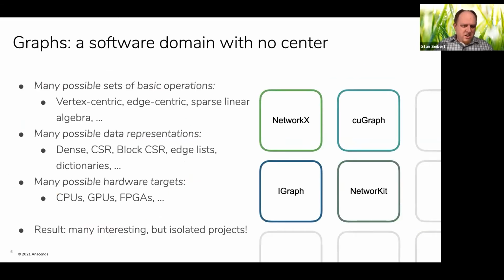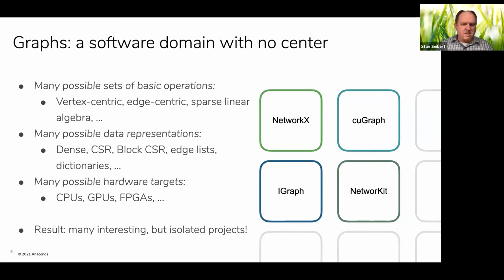So graphs are interesting because you can think of them as a software domain that has no center in the Python space. And this is due to a couple of different features of working with graphs. There are many different ways to work with graphs. There's APIs that are very vertex-centric or edge-centric, or doing sparse linear algebra, or any number of other things. There are many different representations.